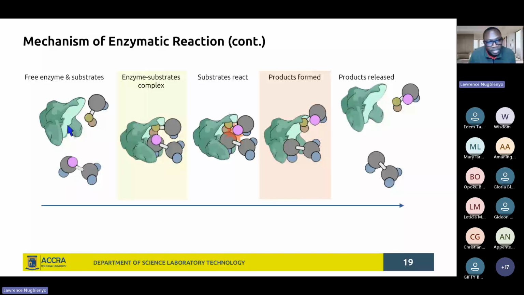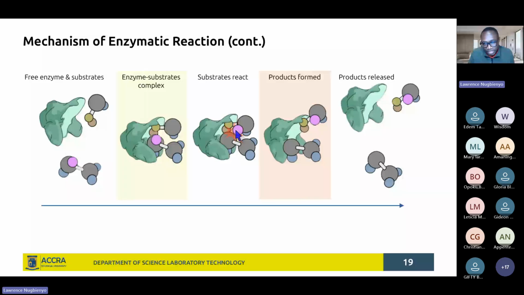Then you see the substrates now bind in the active sites of the enzyme. So you now have the enzyme substrate complex. Enzyme substrate complex is formed. In that enzyme substrate complex, in the active center, you now see the substrates react.